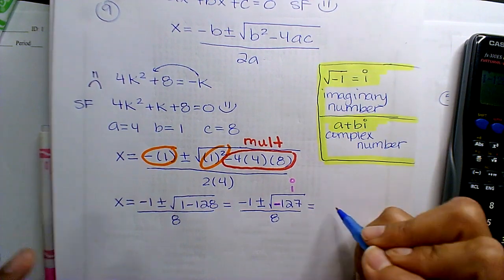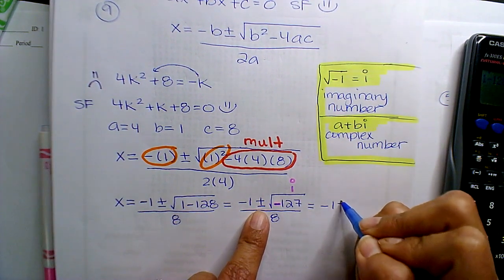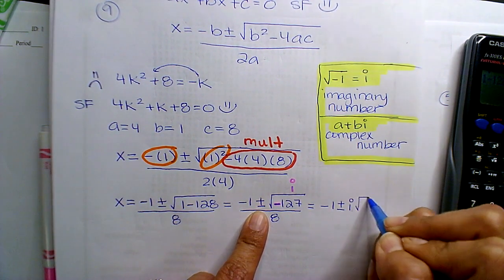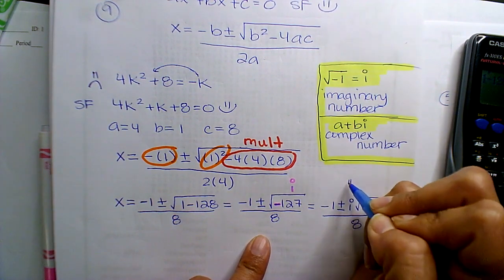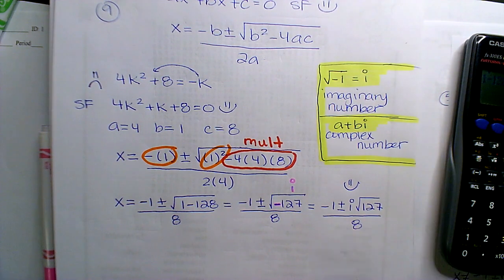So what is acceptable is negative 1 plus or minus i. And then if you wrote positive 127 over 8, this is acceptable. This is amazing. Your teacher is happy because you recognize that you had a negative radicand, which is a number inside the radical. So you took the i out. You're telling me it's an imaginary root.